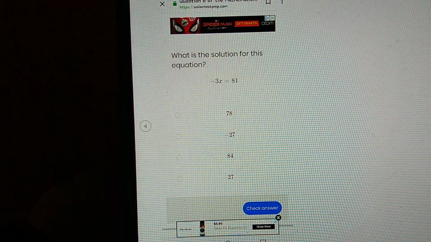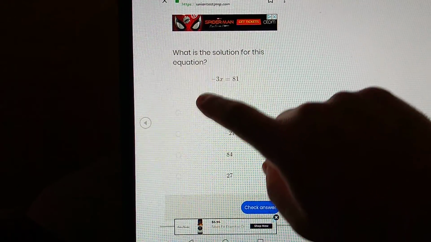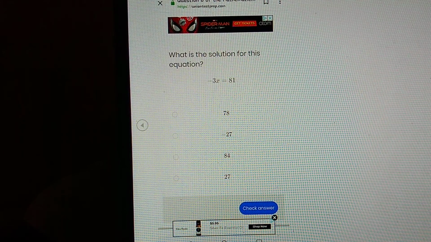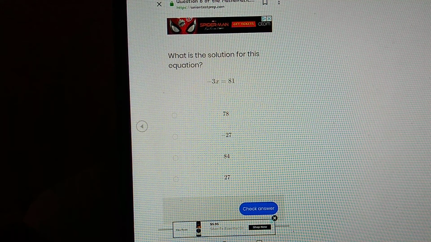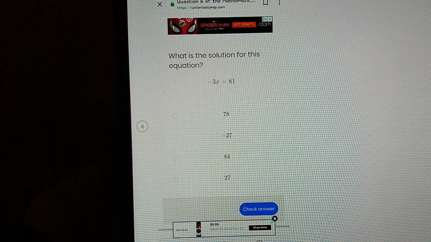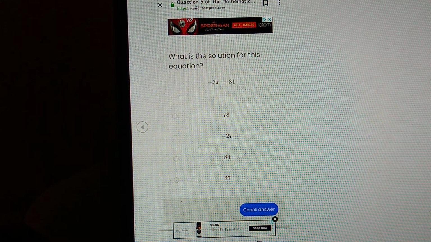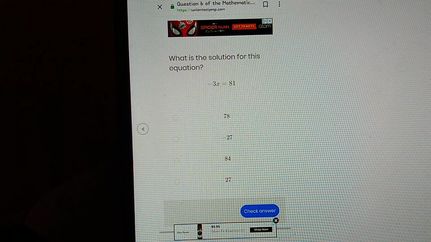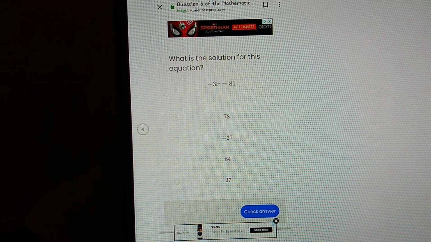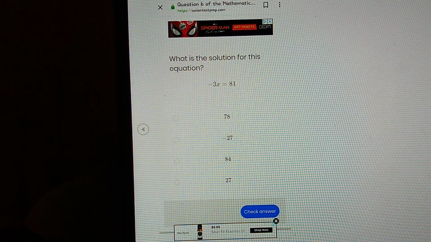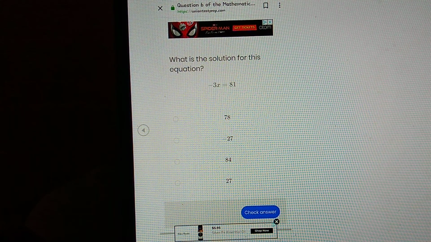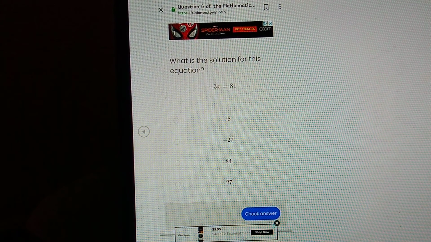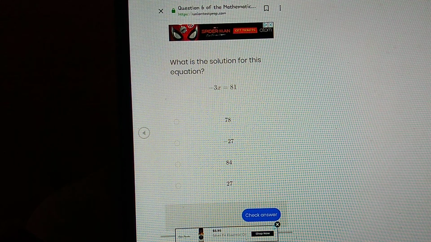Whatever you do to one side of the equation must be done to the other side of the equation. In the above equation, we have to solve for x. So the starting equation is negative 3 multiplied by something, our x, will equal 81. Well, we basically need to work to get x alone on one side of the equals sign with our answer on the other side.